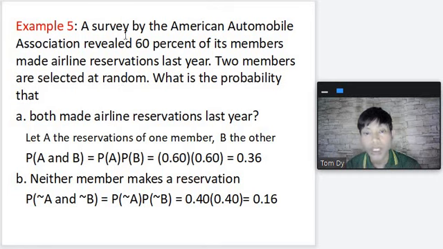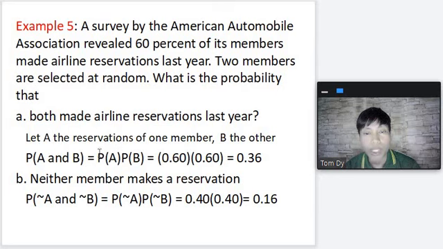A survey by the American Automobile Association revealed 60% of its members made airline reservations last year. Two members are selected at random. What is the probability that both made airline reservations last year? So we have here our solution: the probability of A and probability of B, because we are talking here about two members selected at random, so both made airline reservations last year.